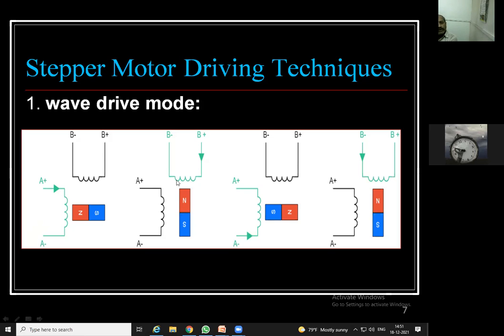Next, B coil is energized and A is de-energized. So this magnet rotates clockwise by 90 degrees, which you can observe over here.